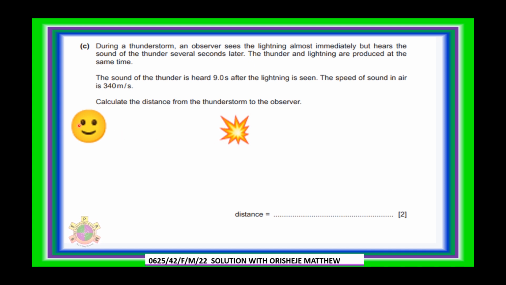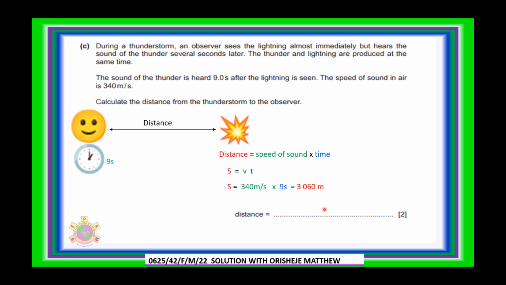After the thunderstorm appears, after 9 seconds, he hears the sound. So how far is this person from the thunderstorm? To do that, distance is equal to speed multiplied by time. So that gives about 3060 meters.